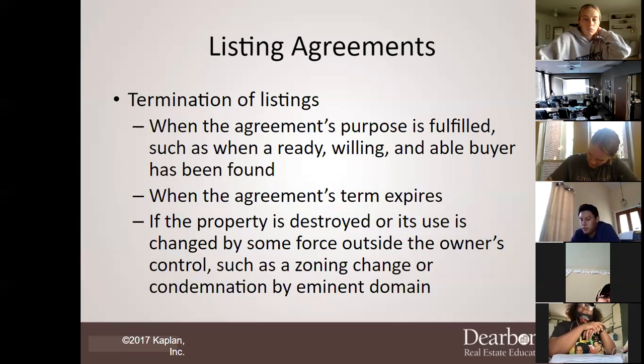If the property is destroyed or its use is changed by some outside force beyond the owner's control, such as a zoning change, not in Houston, or condemnation by eminent domain. I believe we go into eminent domain a little more. I don't know if it's in this class. It might be contract forms and addenda, but y'all will go over that. It's basically just the state's right to take your land for public use.